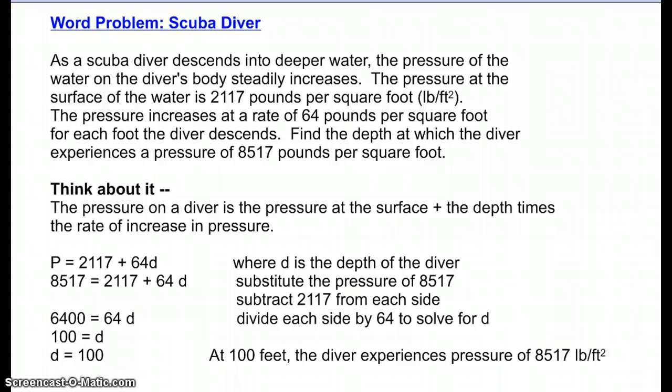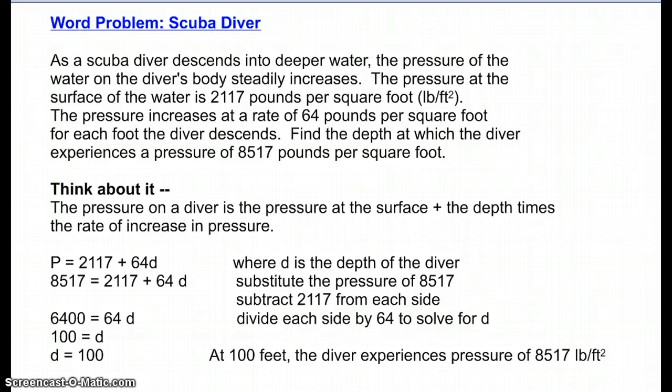So here's a word problem about a scuba diver. It says, as a scuba diver descends into deeper water, the pressure of the water on the diver's body steadily increases. The pressure at the surface of the water is 2,117 pounds per square foot. That's pounds/foot squared. The pressure increases at a rate of 64 pounds per square foot for every foot that you descend.